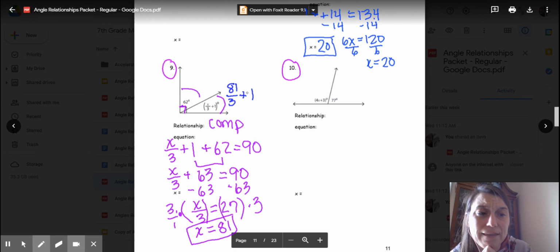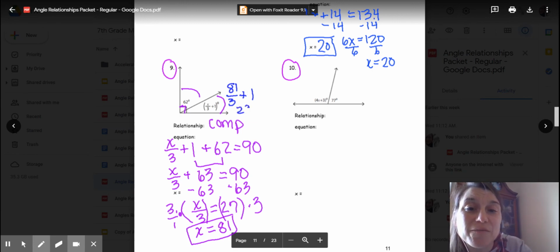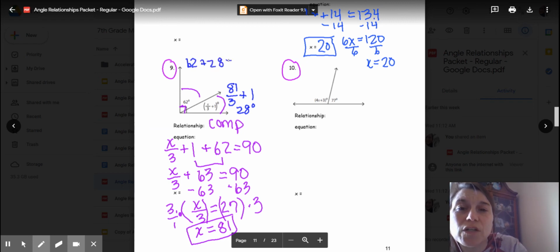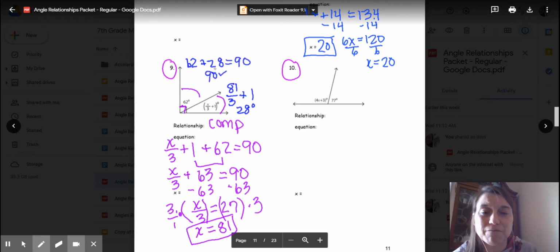And when I check that in the calculator, I get 28 degrees. Well, does that check out? Let me check, because 62 degrees plus 28 degrees should equal 90. And when I add those together, I get 90. So it checks.